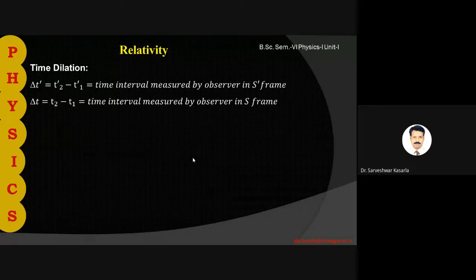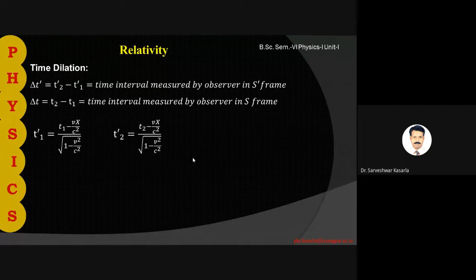We are just talking about the time. So time interval is nothing but the difference of time. t2 dash and t1 dash are the times noted by the observer in S dash frame. So the time interval will be delta t dash. Similarly, delta t will be the time interval as measured by the observer in S frame.